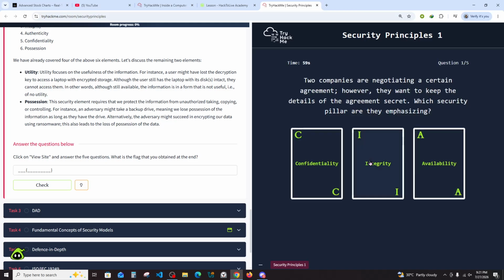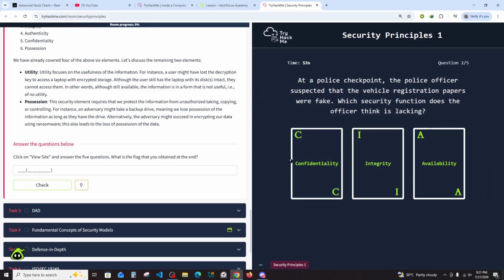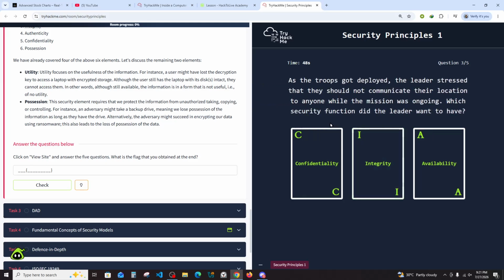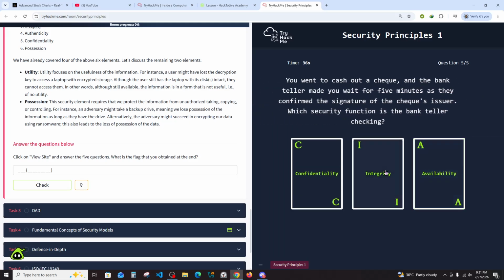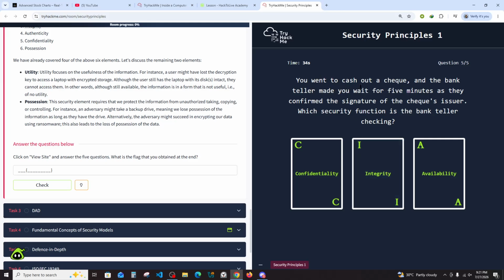Two companies are negotiating. One hotel is stretching the oh, you want to cash on a check and the bank teller made you wait for 5 minutes.